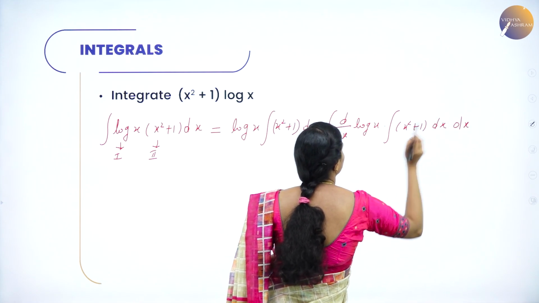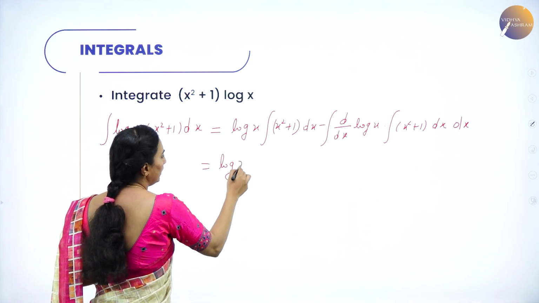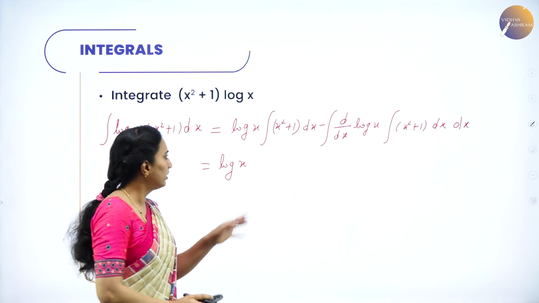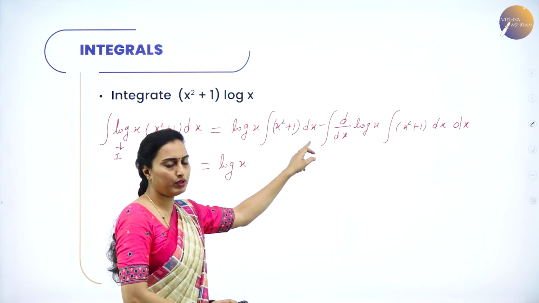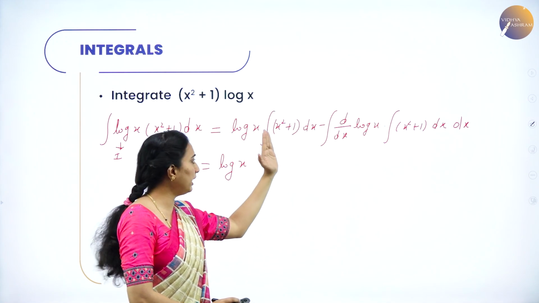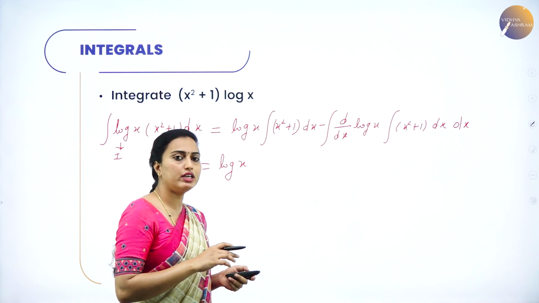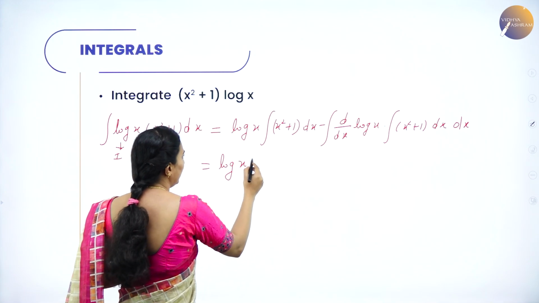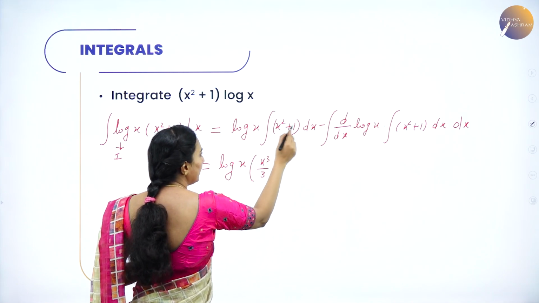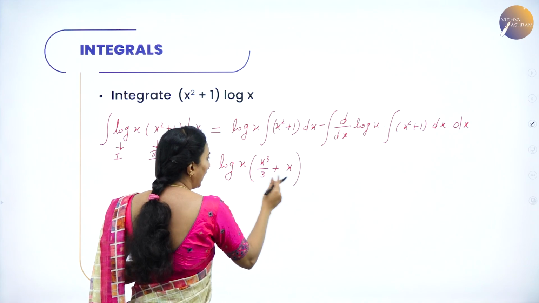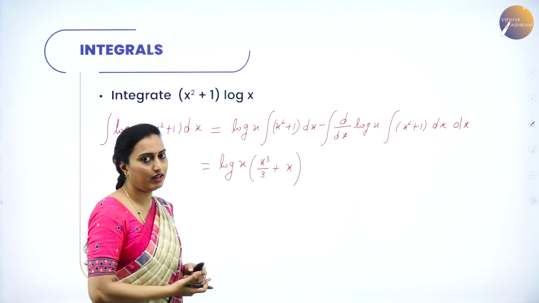Now again further simplification gives you log x into, see here you are going to split up x squared into dx plus 1 into dx. I am avoiding the step here and writing continuously by integrating separately. Got? Now x squared into dx, integral of x squared is x cube by 3. So into x cube by 3 plus 1 into dx, integration is x. I am opening the bracket because you have x squared plus 1 inside the integral, right?